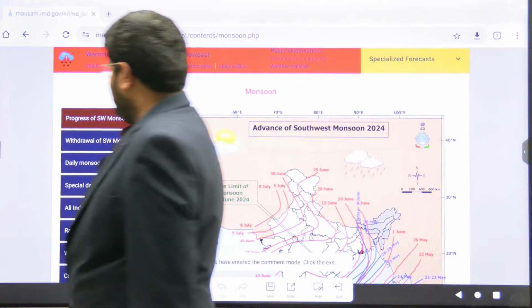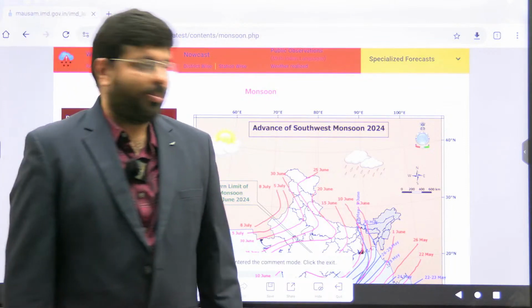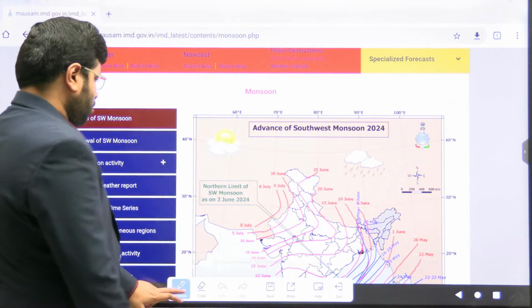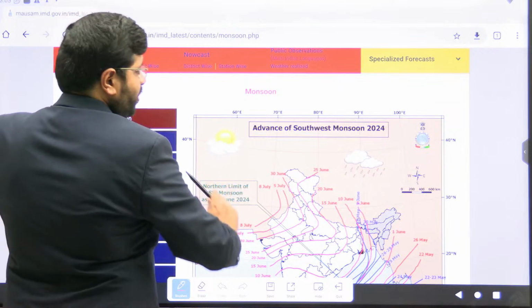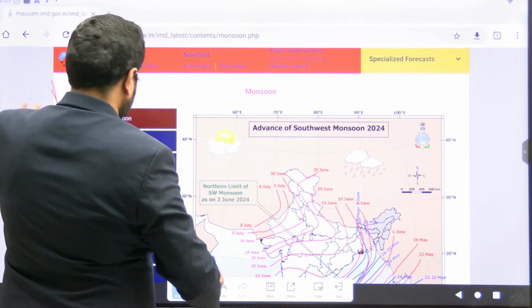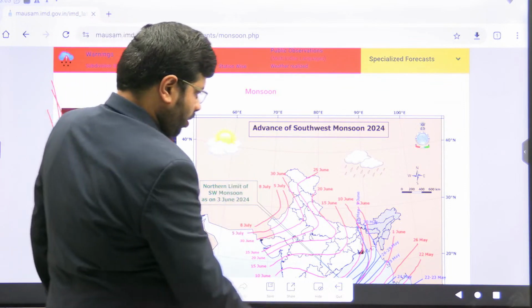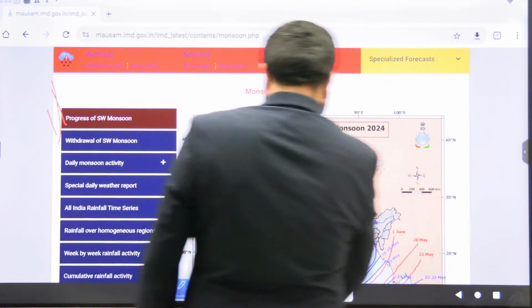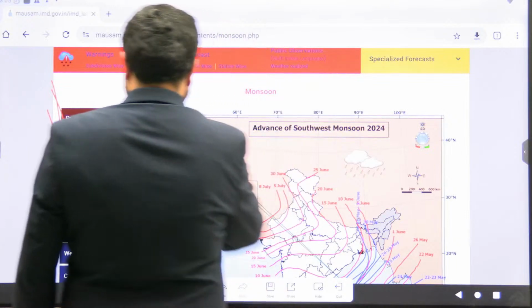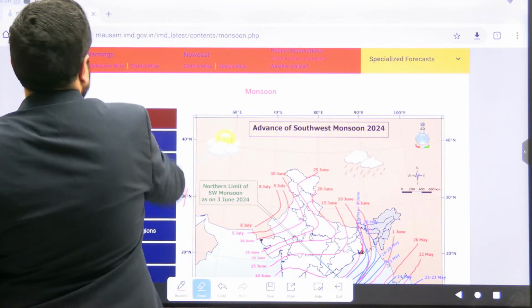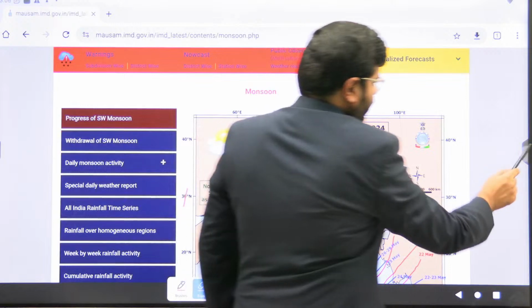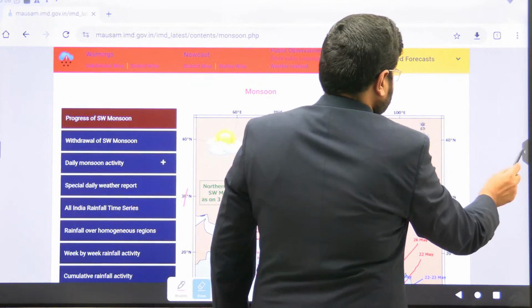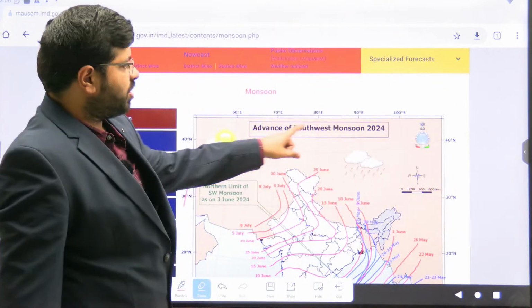So if you see here, Indian Meteorological Department, advance of the onset. Okay, just a minute. Yeah. Now, if you see it here, it shows the advance of the southwest monsoon.